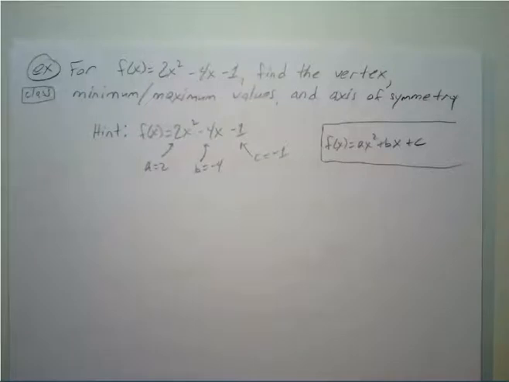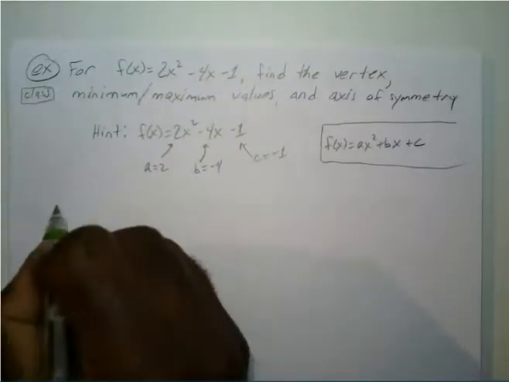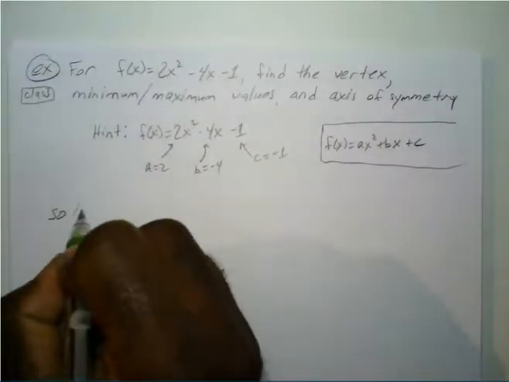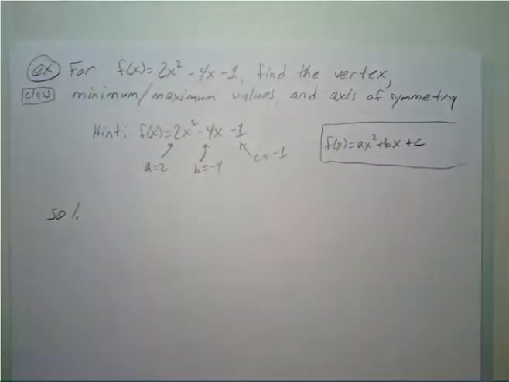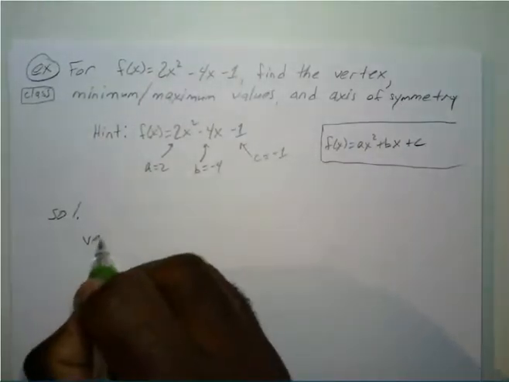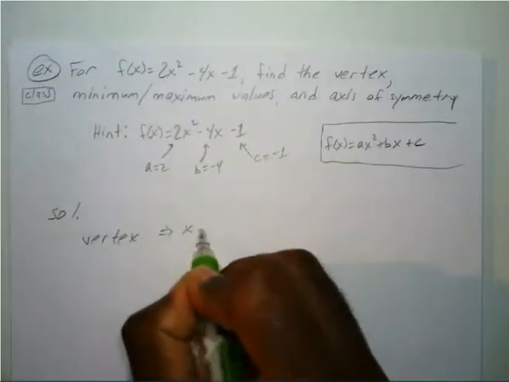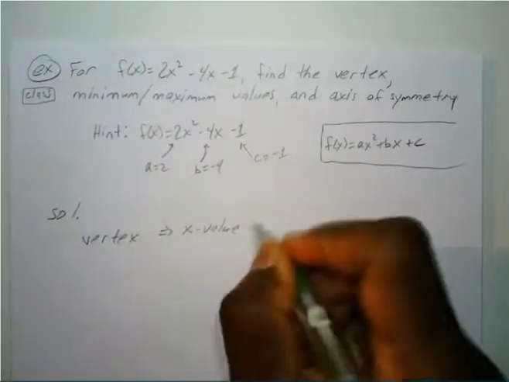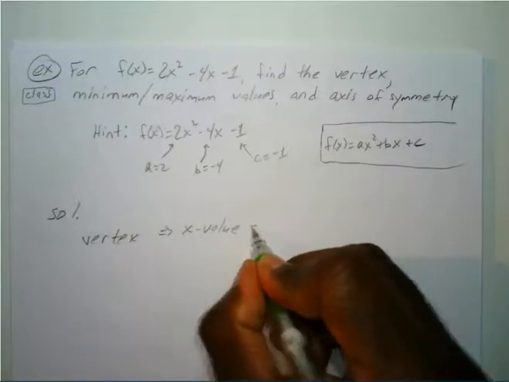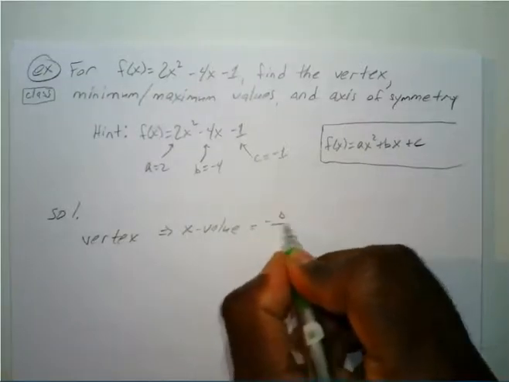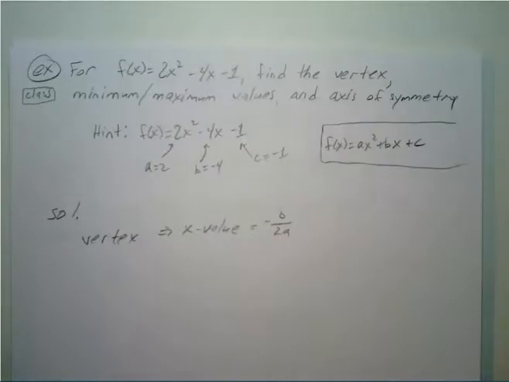Alright, I'm assuming you've already pressed pause and worked this one out, so let's verify your answer. For our vertex, our x value is negative b divided by 2a.